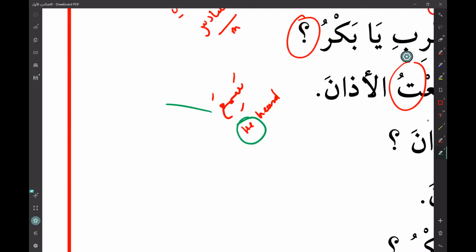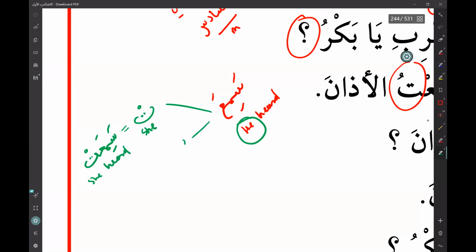Most of the time, it will be about adding a ta. So when you add ta with sukun, it would be sami'at. It means she heard.